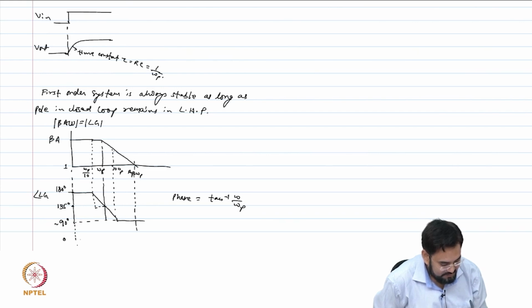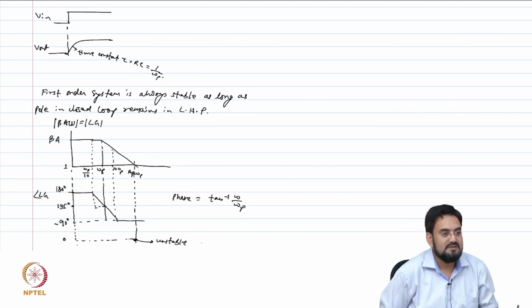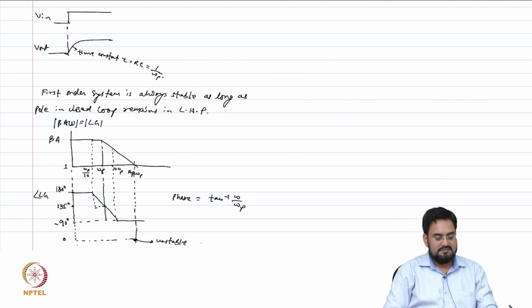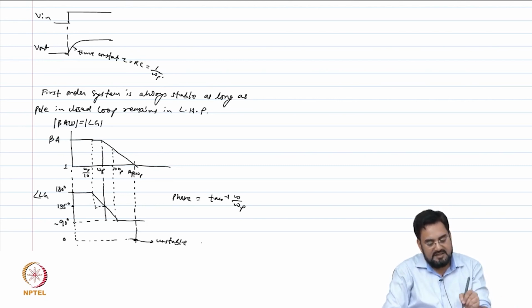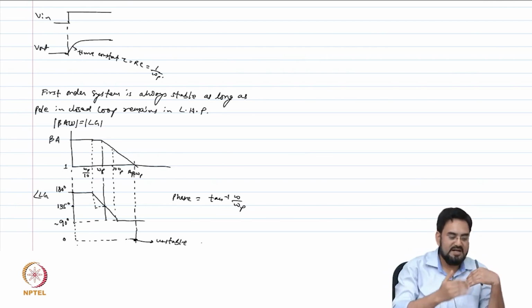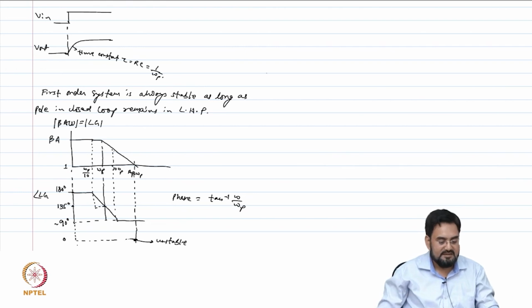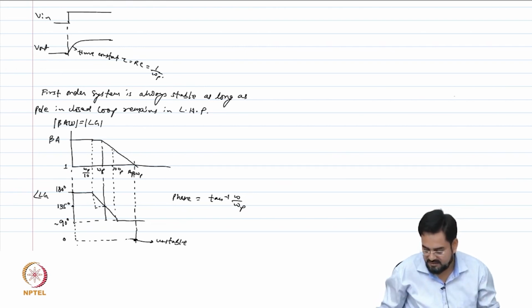If this is 0, this is the point where it will become unstable. From that unstable point you have to see how much margin you have. Here the margin is 90 degrees. That's why we say phase margin is 90 degrees.